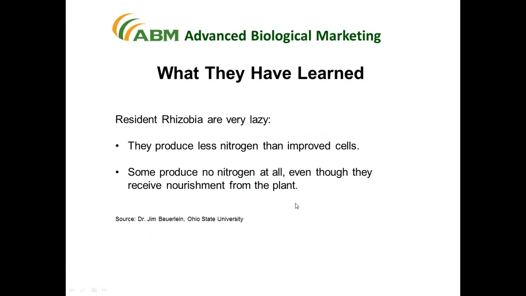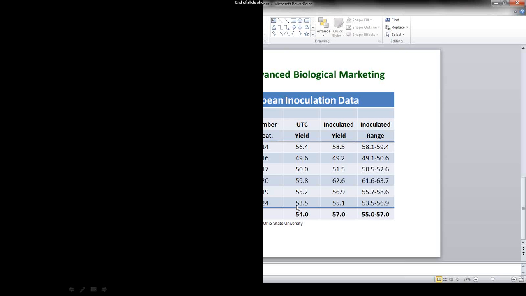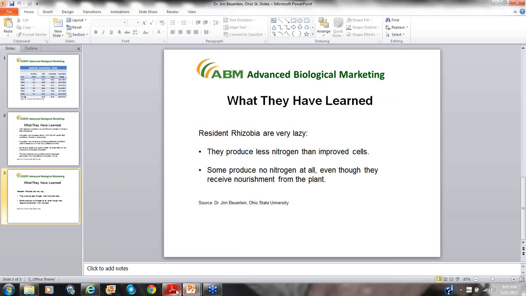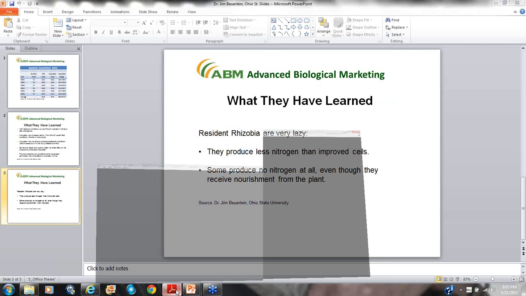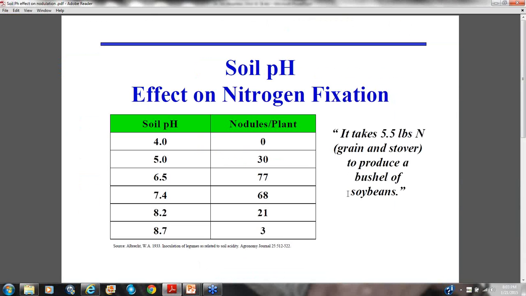Some other things that would affect nodulation, and I got another chart here. It shows here, this is a soil pH effect on nitrogen fixation. So when we planted in soils low in pH, in this study they found 0 nodules were produced by the plant.